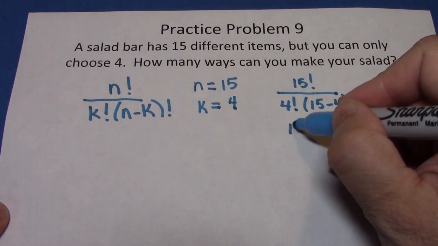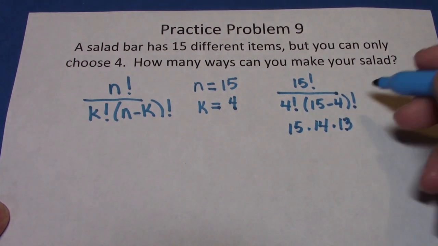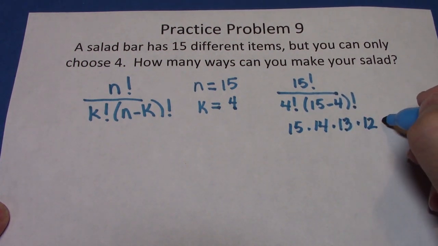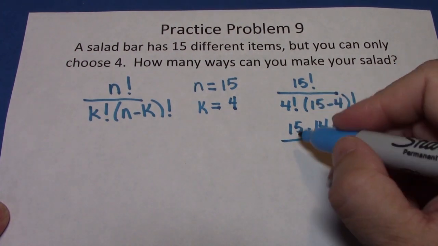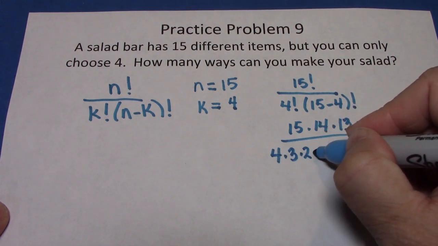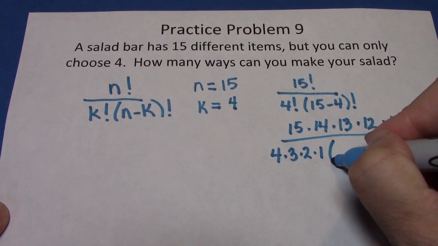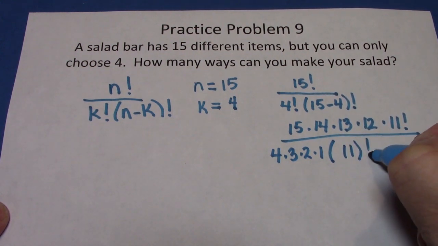Alright, so this is 15 times 14 times 13 times 12 times 11 factorial, and then I'm going to stop there for a reason. 4 factorial is 4 times 3 times 2 times 1. And then, of course, 15 minus 4 is 11 factorial.